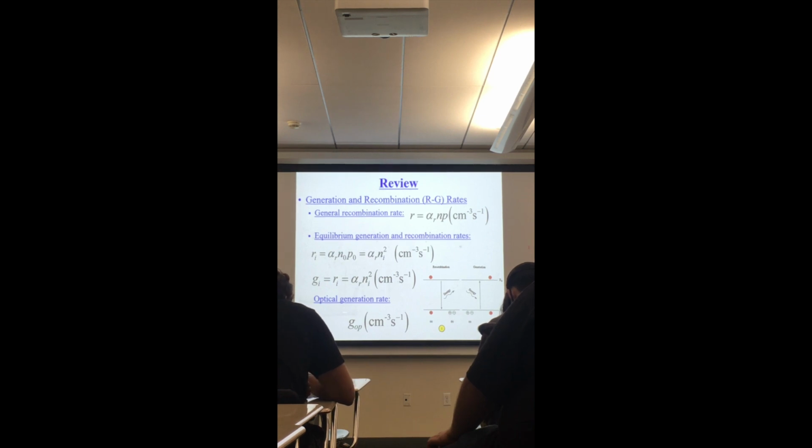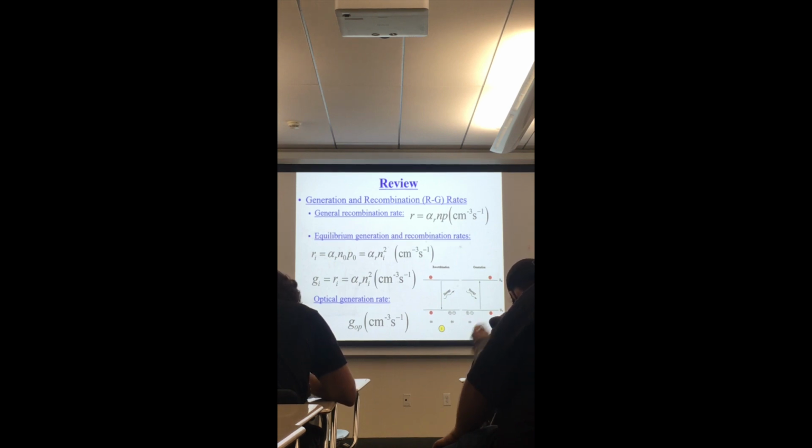And in addition, if we shine light on the semiconductor material, we will have an additional generation mechanism. And this is basically just called optical generation. Basically, the electron can absorb a photon and then it jumps from the valence band to the conduction band.